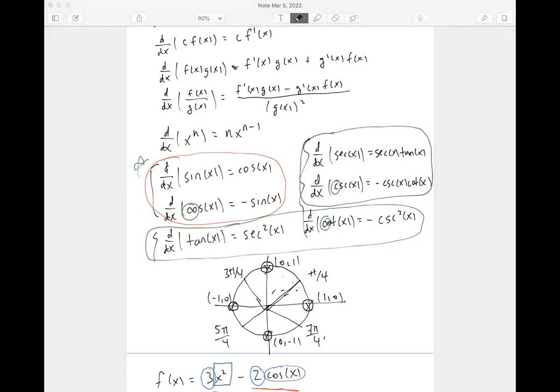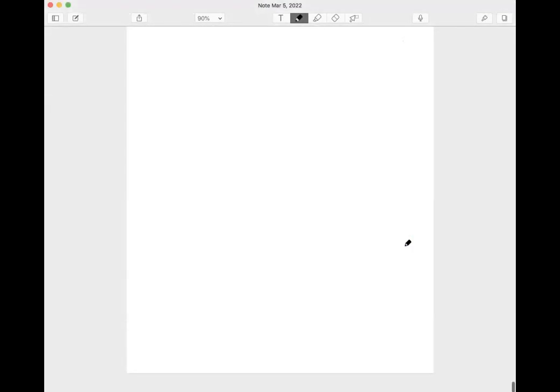Maybe we could do tangent lines at a point. That would help with practice plugging in the sine and cosine. Let's do that.